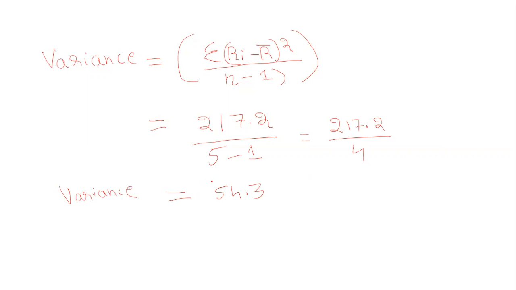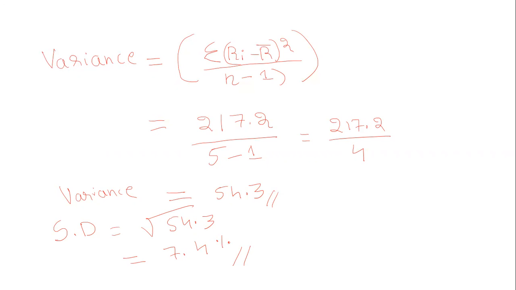So if we take the square root of 54.3 for the standard deviation, that is 7.4%. This is the standard deviation, that is nothing but the risk, and this is the variance, and we were calculating for the historical data where probability is not given.